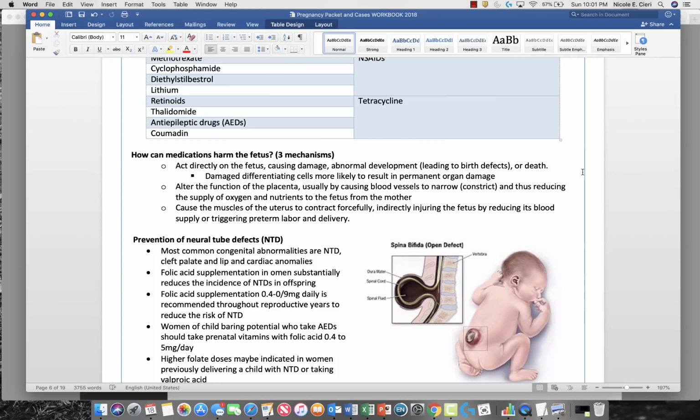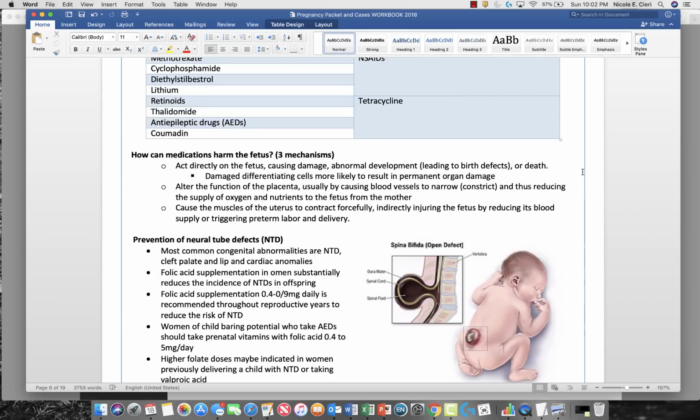There are 3 mechanisms in which medications might be teratogenic or harm the fetus. They can either directly act on the fetus, causing harm or death or defects, damaging the cells, resulting in permanent organ damage, so direct damage to cells.